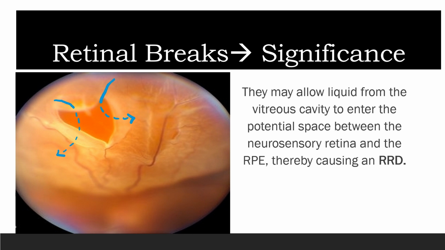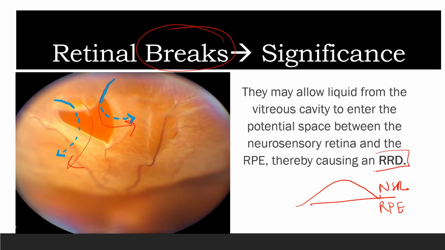Now, if there are some breaks that develop within the retina, these breaks may allow the liquid from the liquefied vitreous in the vitreous cavity to enter the potential space which is present between the neurosensory retina and the retinal pigment epithelium, and as fluid passes through these breaks into that potential space, it causes separation or lifting up of the neurosensory retina from the retinal pigment epithelium, leading to what is known as a retinal detachment. And now here, because the retinal detachment is occurring because of the retinal breaks, this is known as a rhegmatogenous retinal detachment. So I hope that is clear.